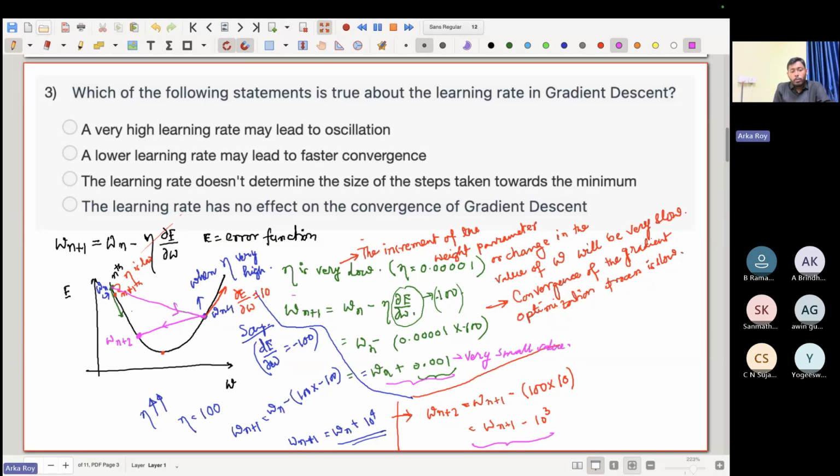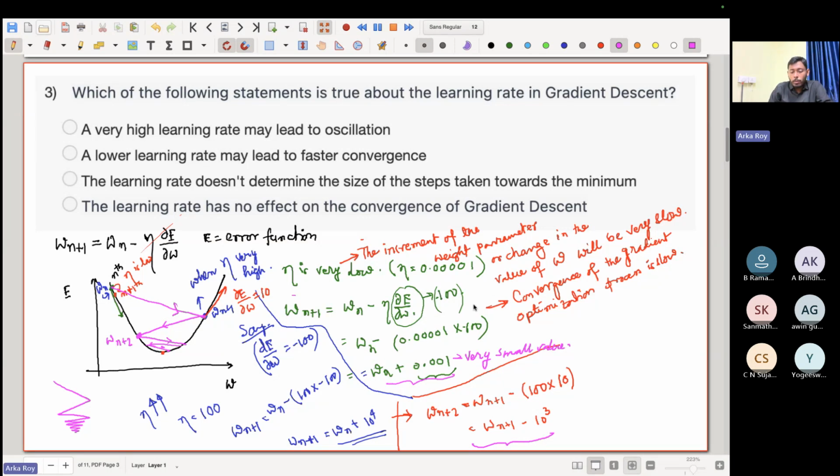But when you choose your eta to be very high, now you can see that your path will be like this. So you can see there are multiple oscillations. It is going like this, like this. So you are getting several oscillations to reach the maximum, to reach the extrema point.